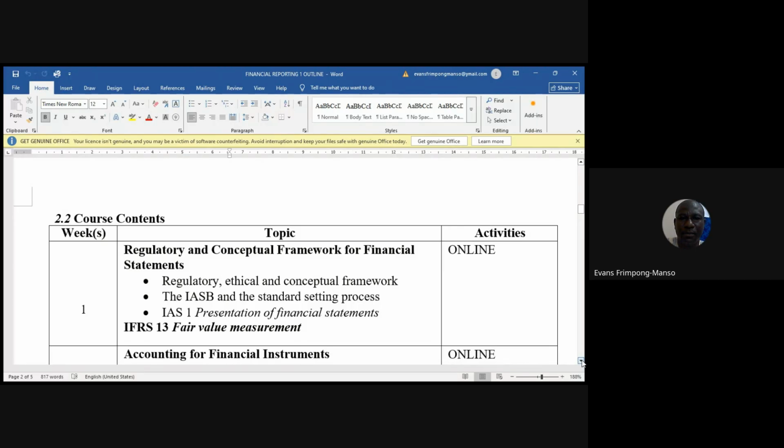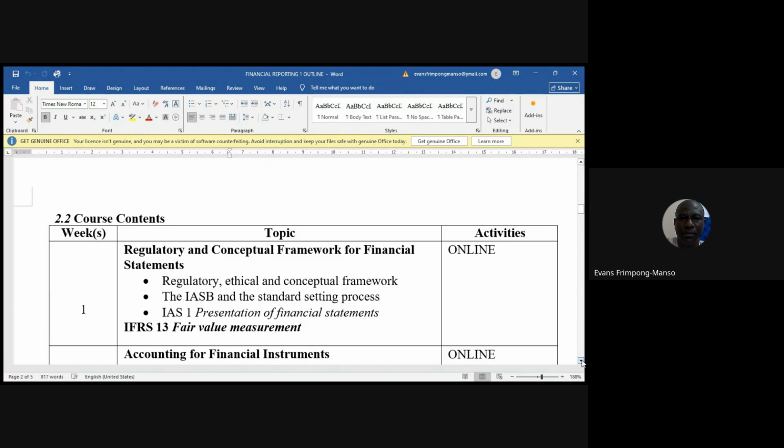It is made up of 3 parts. We will look at the regulatory aspect, the conceptual framework aspect, and then the ethical framework. So these are 3 major things that we're going to look at.